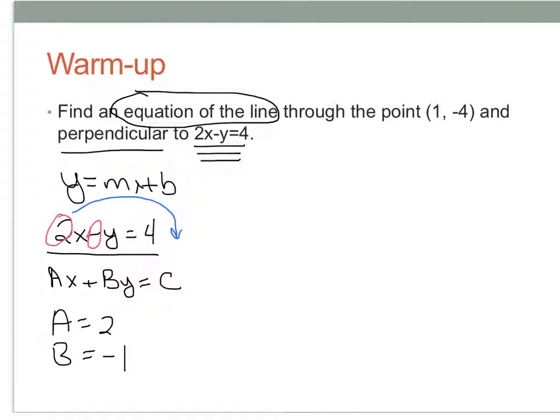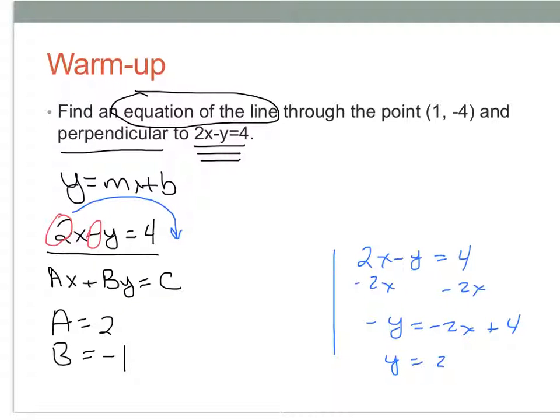The process we would go through is, I'm going to subtract 2x from both sides, and then divide out the negative. And my slope would be 2. This is a fine way to find the slope.